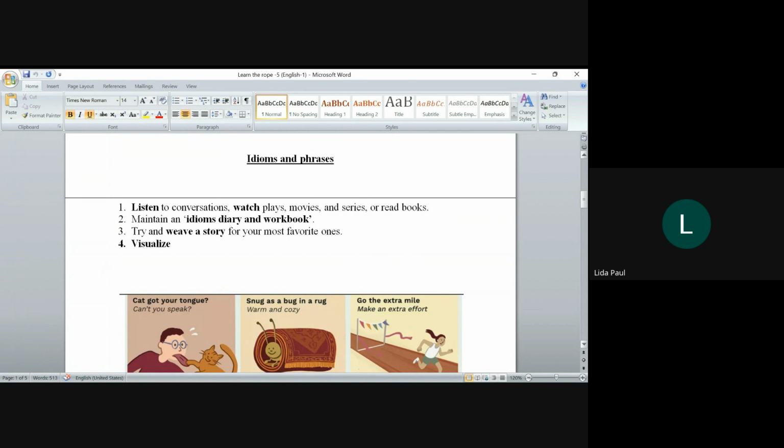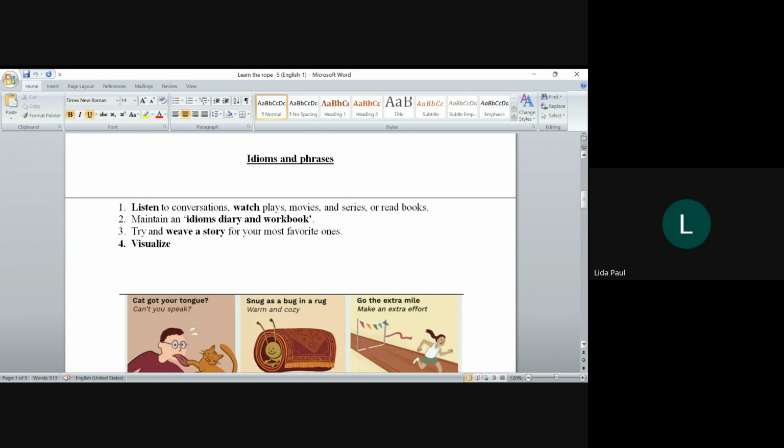So you choose that area and then write down 10 or 20 idioms and phrases that are used in that area, right? So for example, if you're somebody who likes watching news or reading news, then you make a list of some of the idioms and phrases that are used very commonly in that area, right? So that way you will be able to slowly and gradually acquire some proficiency in that area.